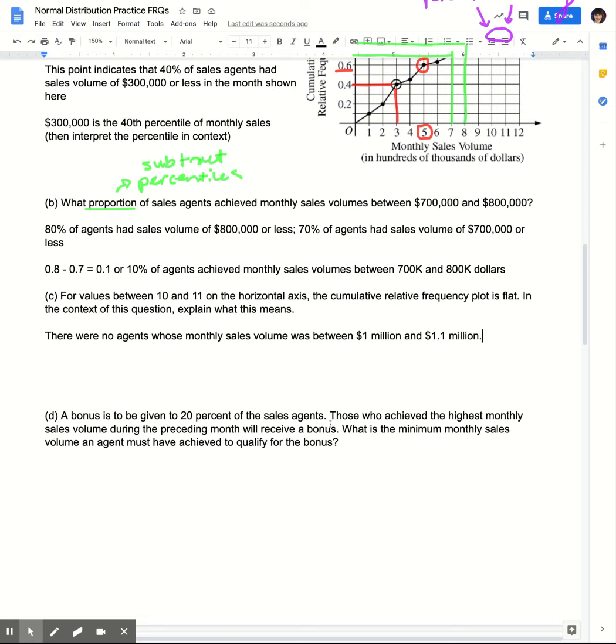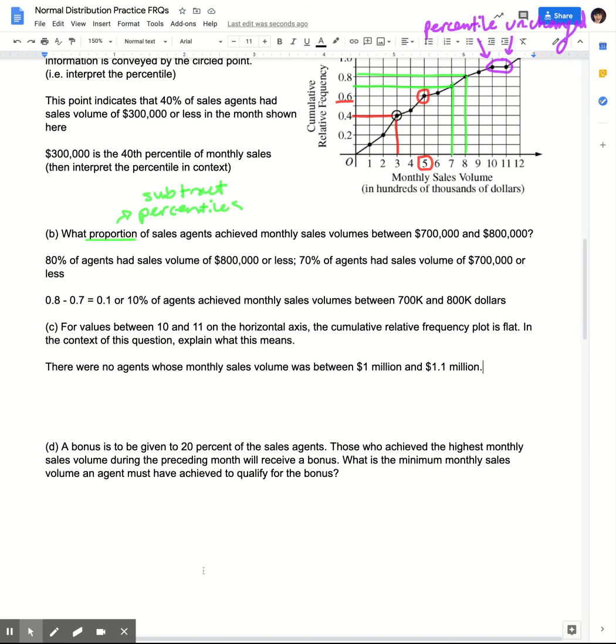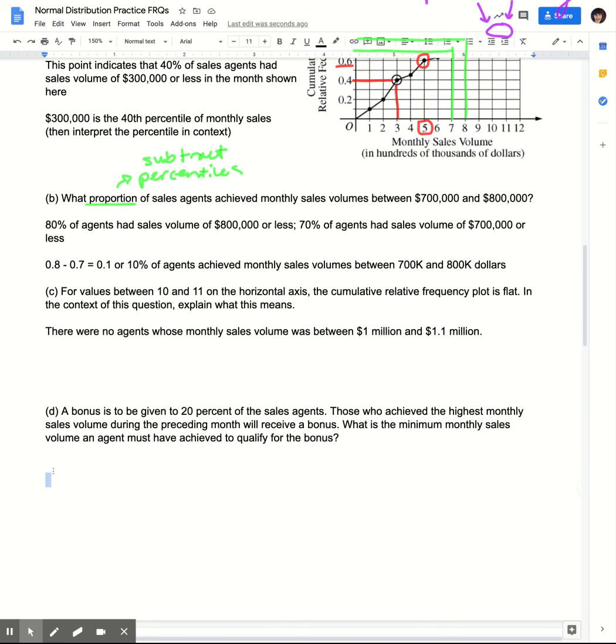All right, part D, the last part here, says a bonus is to be given to 20% of the sales agents. Those who achieve the highest monthly sales during the preceding month will receive a bonus. So this is asking, what's the minimum monthly sales volume that an agent has to achieve to qualify for the bonus?